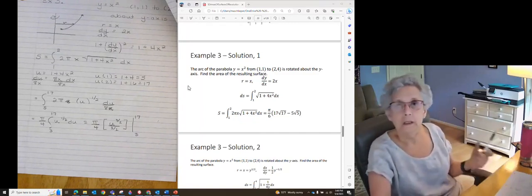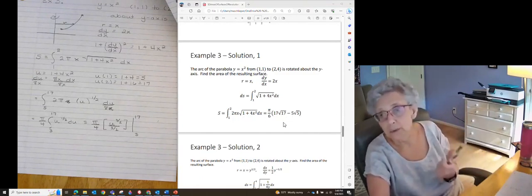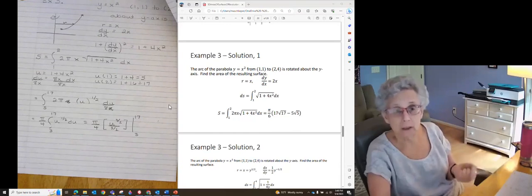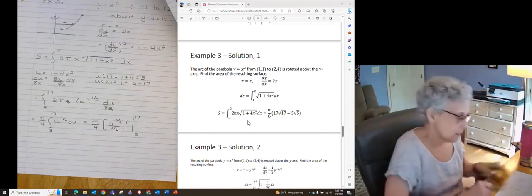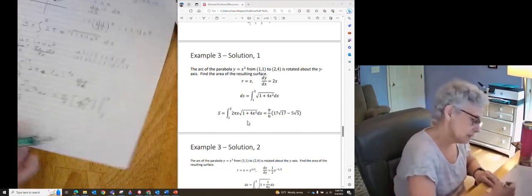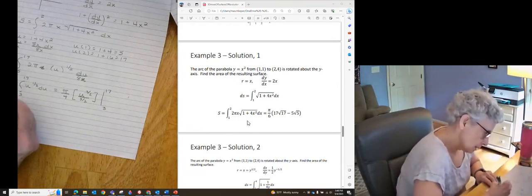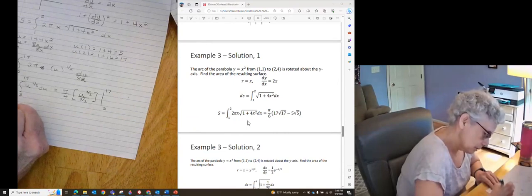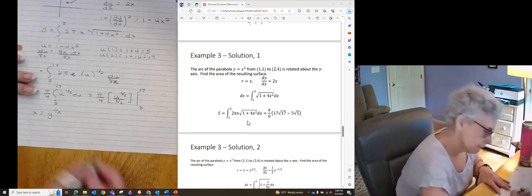Okay, so we could do this both ways. Let's go through and do it by integrating with respect to y instead of with respect to x. Now, if we wanted to do that, we're going to need to rewrite x is equal to y to the 1/2 power.